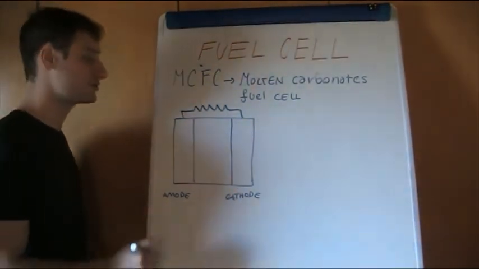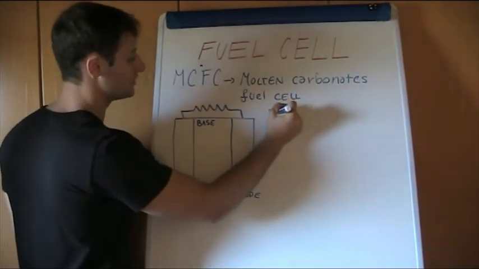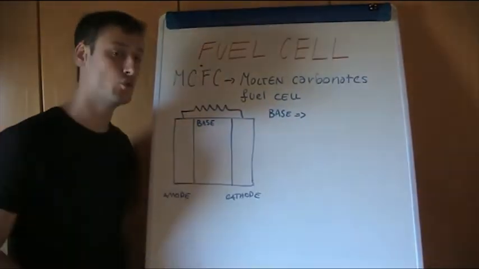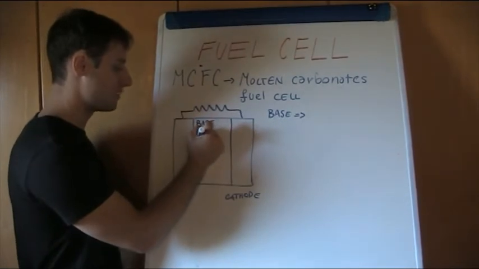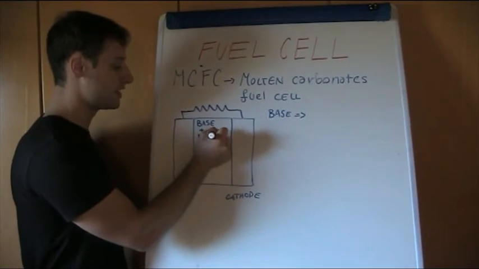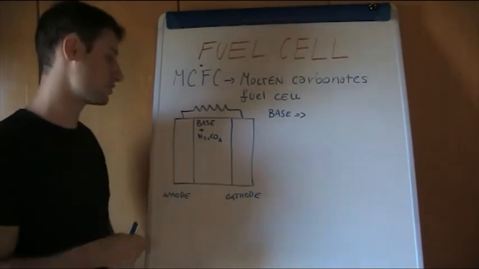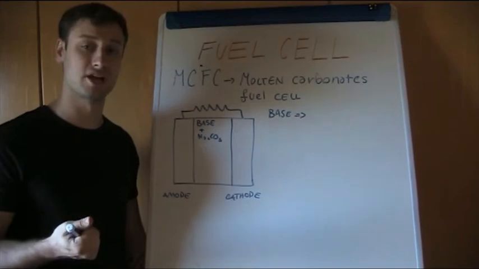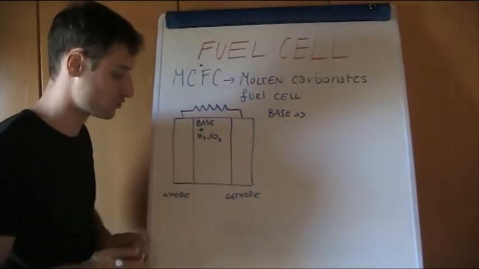In this case, the solid electrolyte is a beta alumina solid electrolyte saturated with molten carbonate salt, for instance molten sodium carbonate or potassium carbonate, and so on. So we can have different types of salt, potassium carbonate, sodium carbonate, that are completely molten due to the high working temperature.